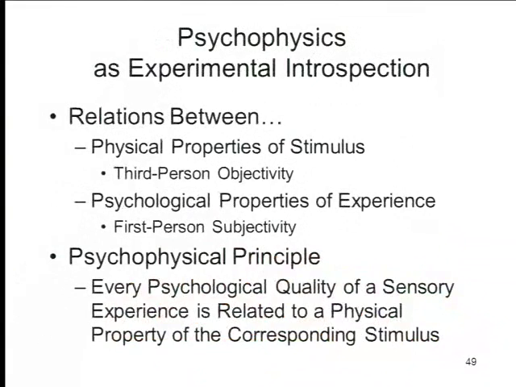Okay, the next way that we do this is by engaging in what the 19th century psychologists called, and 20th and 21st century psychologists still call, psychophysics. And in the classic instance, what psychophysics tries to do is to establish various relationships between the physical properties of stimuli and the psychological properties of the experiences to which those stimuli give rise. And again, you can see what the nature of the program is.